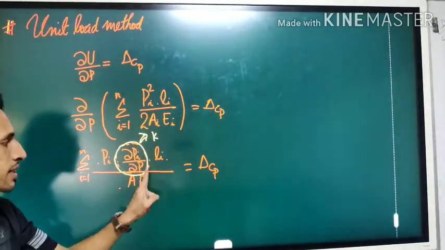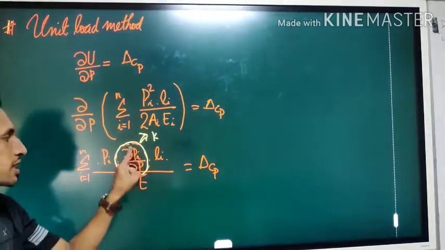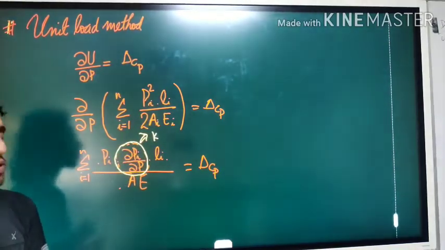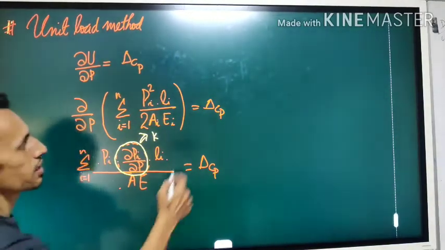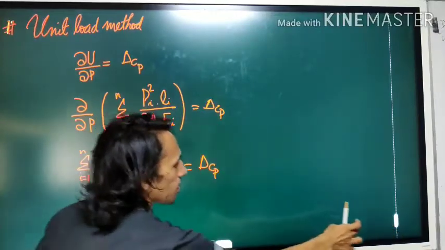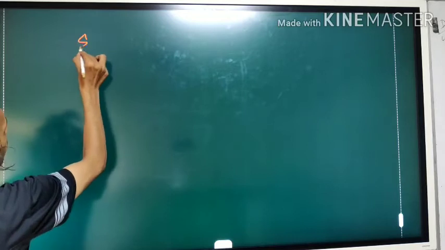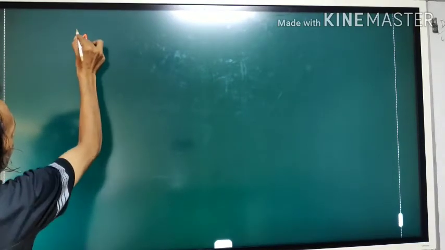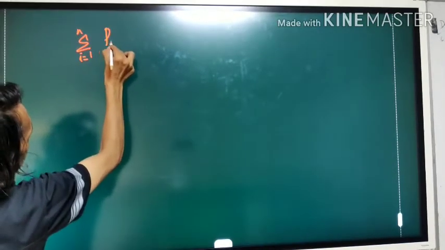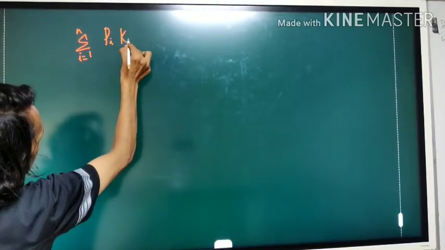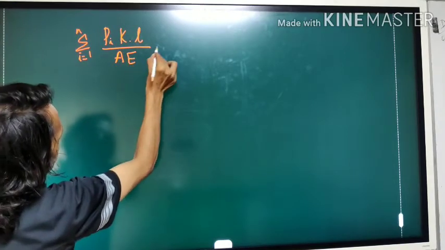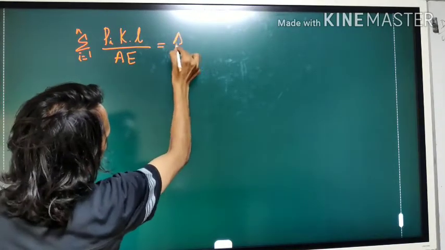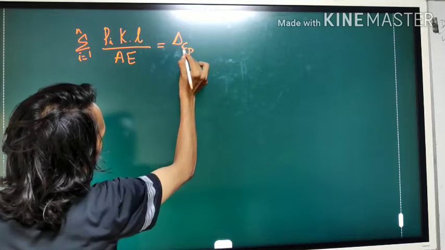If you substitute this differentiation part with K, our equation will be the summation of Pi Ki L divided by AE, which is nothing but delta C in the direction of P.